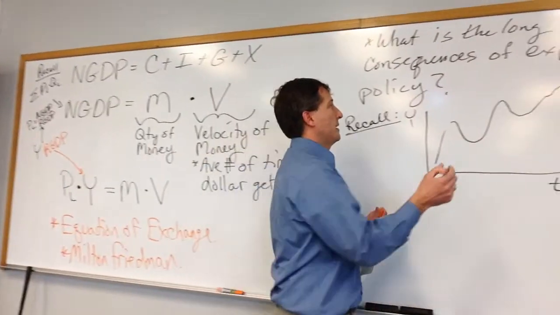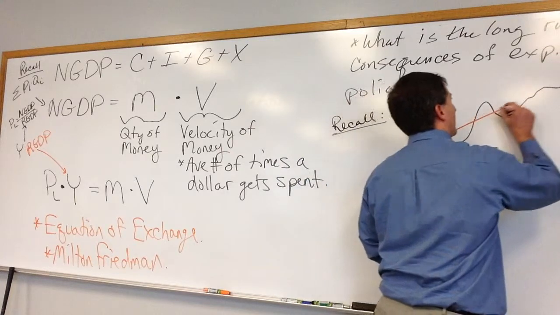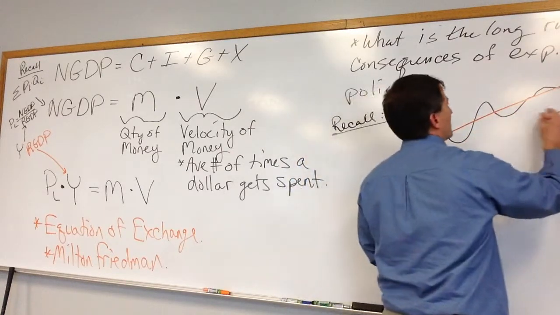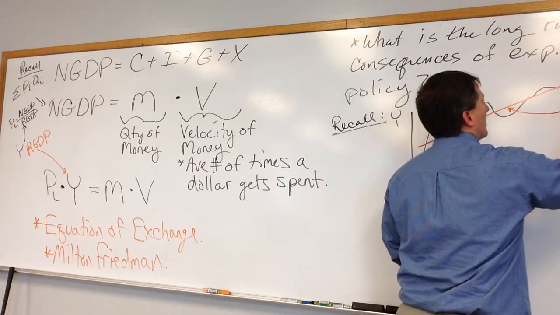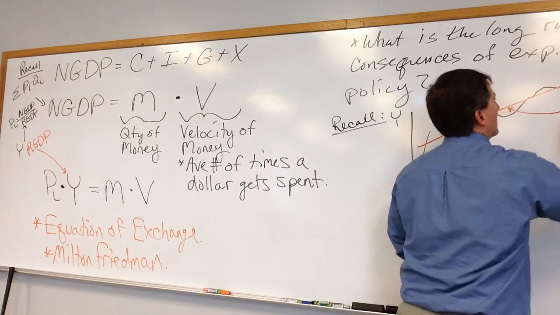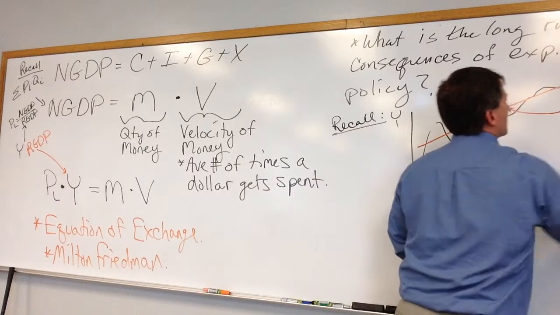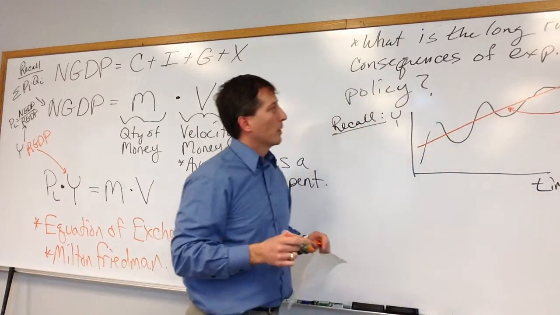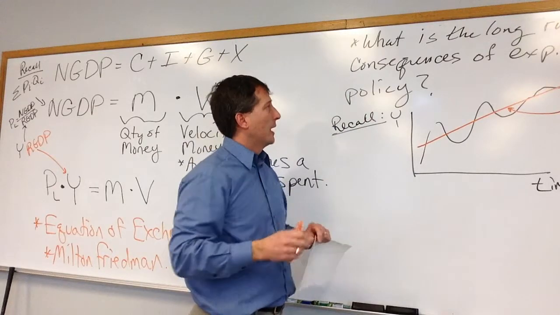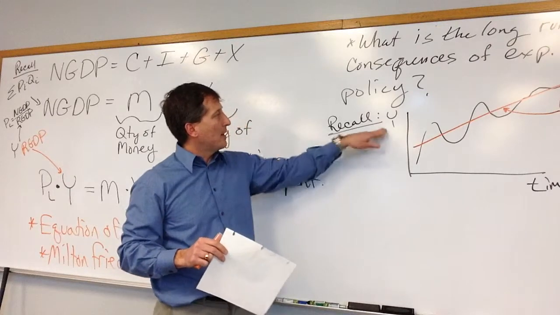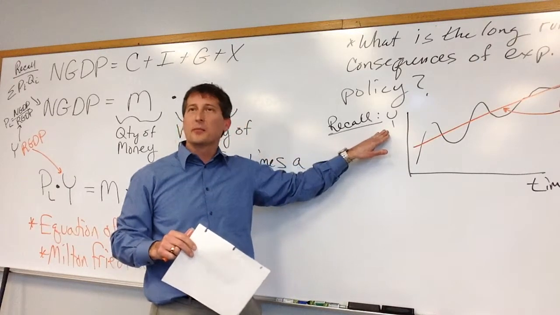But the potential for the economy is where we kind of seem to cycle around, right? So this orange line represents the long-run potential growth for the economy. And what he thought was that in the long run it's going to be what it's going to be.